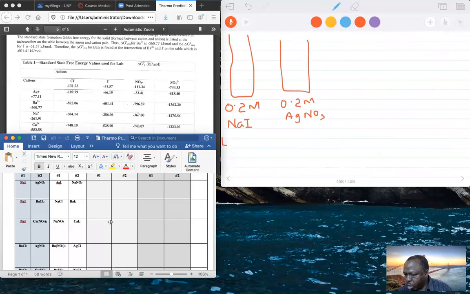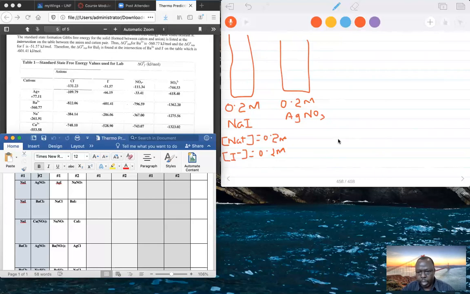In this, the concentration of sodium is 0.2 molar. Concentration of iodide ion is 0.2 molar. It is 1-to-1. I don't see any subscript. You got to be careful when dealing with the subscript.